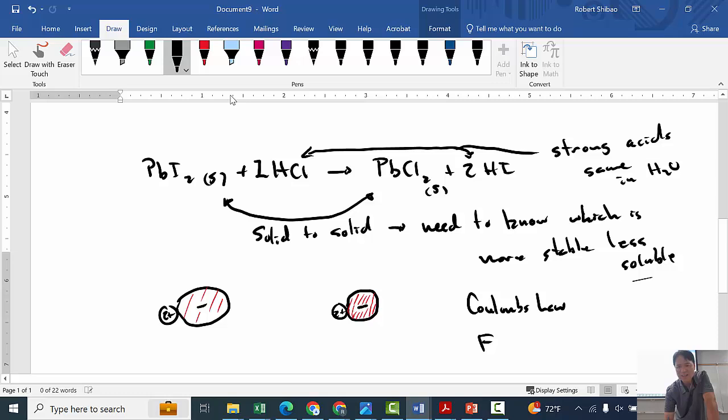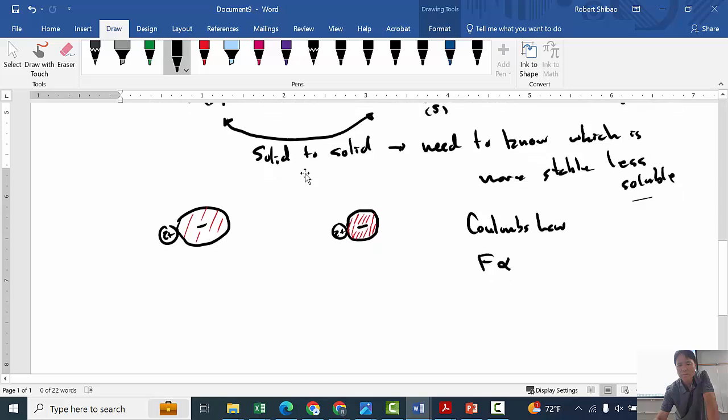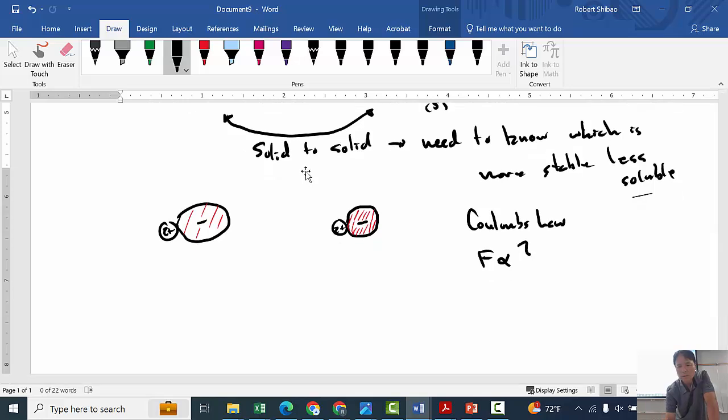Coulomb's law, I didn't talk about this here. This is in Chem 4. All Coulomb's law is proportional to the charge over the distance between the center of the charges.